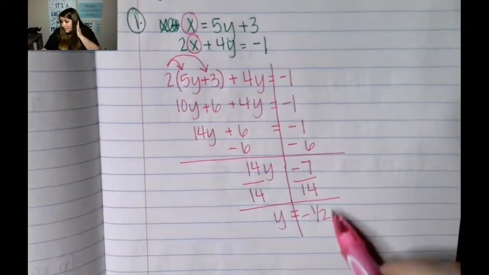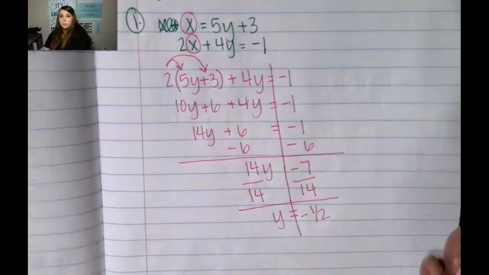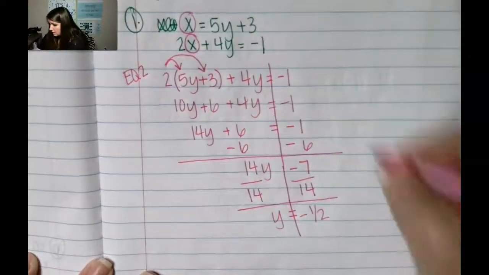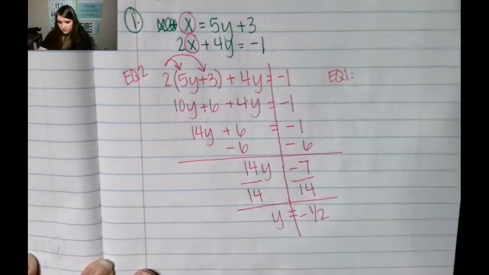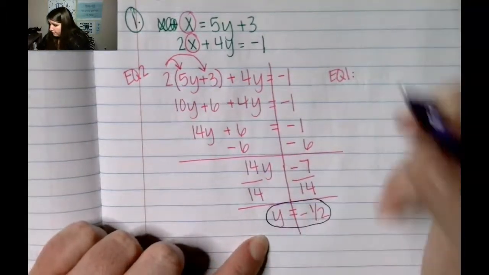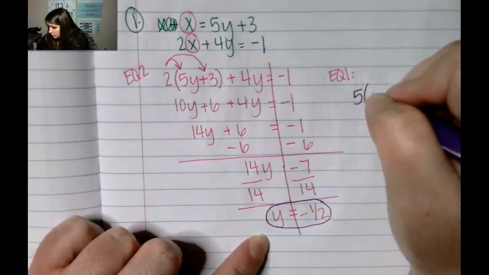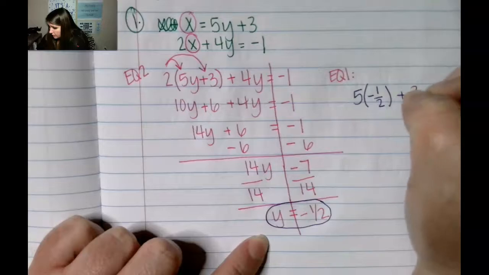So now I'm going to take negative 1/2 and put it in for system number 1. So this was system 2. Now we're going to look at system 1. All right, let's plug it in. Take this negative 1/2. So it says 5 times negative 1/2 plus 3.